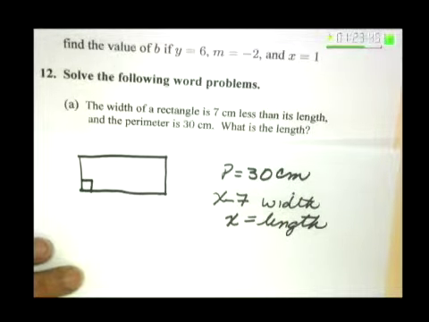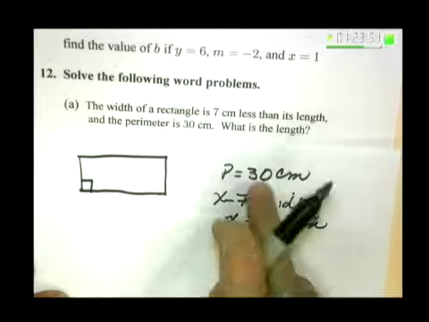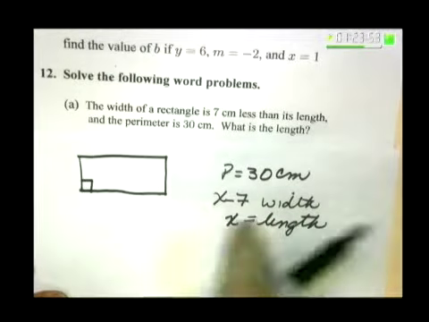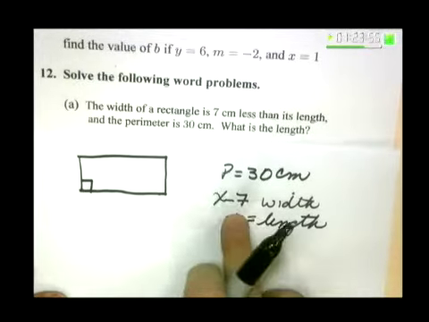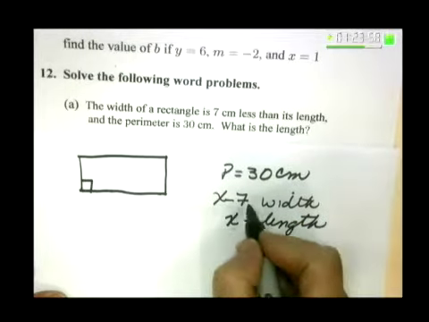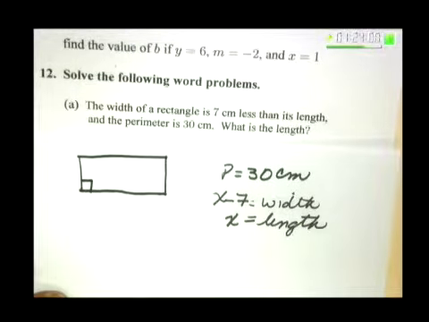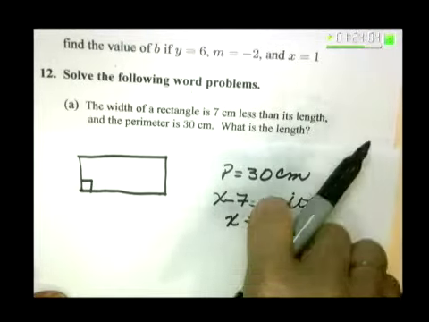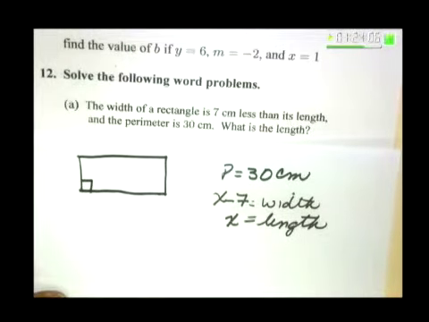Now I've left the unit of measurement, centimeters, off, and I will pick it up at the very end. Now here is the key to making this problem easier. I call this my key. X minus 7 represents the width, and x is equal to the length. So that you don't make any careless mistakes, I put those values onto my drawing.